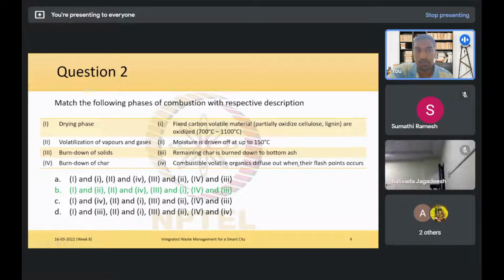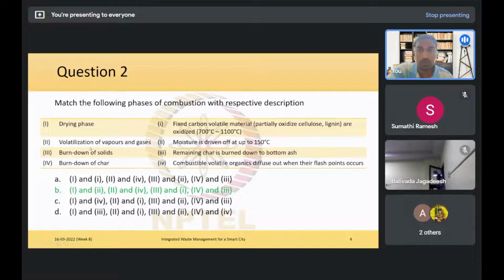Different components will have different flash points. So we continue heating it, and once the flash points for the different elements are reached, all of those volatile elements will be leaving the waste. That is the second phase.